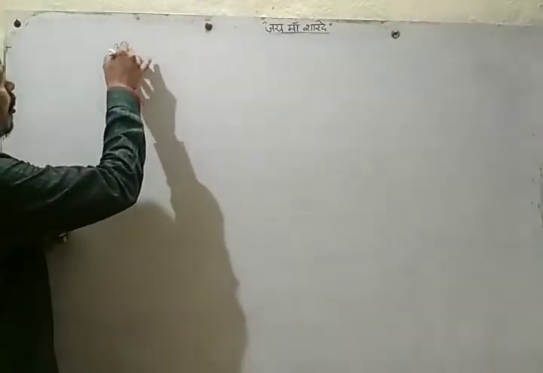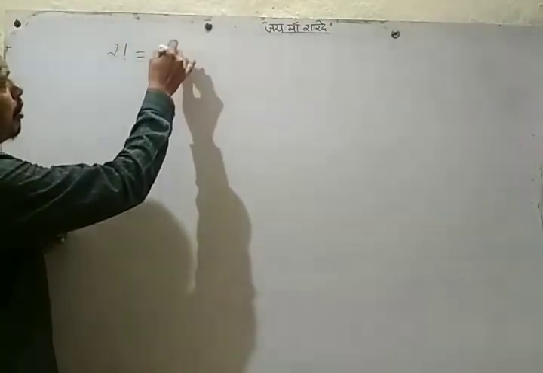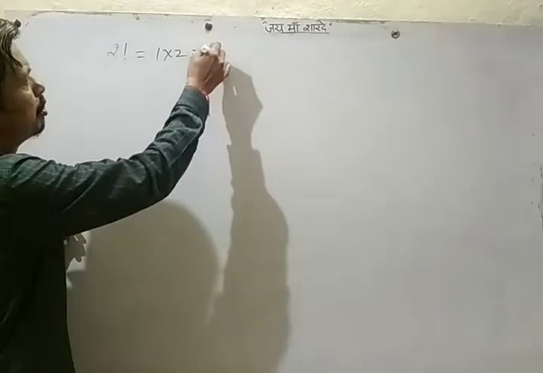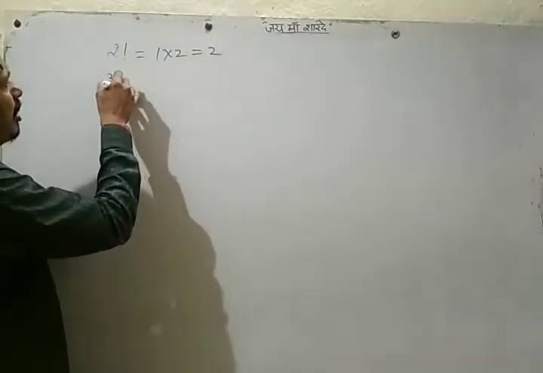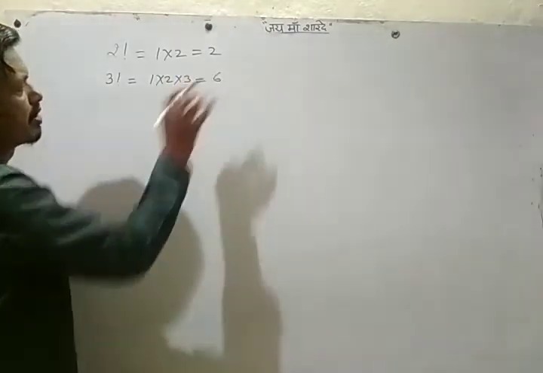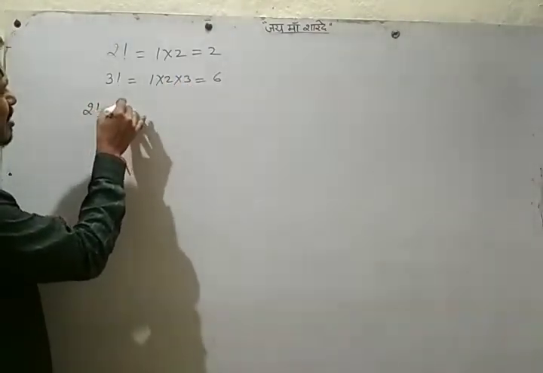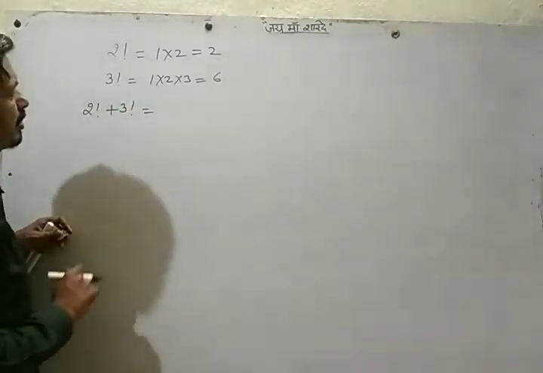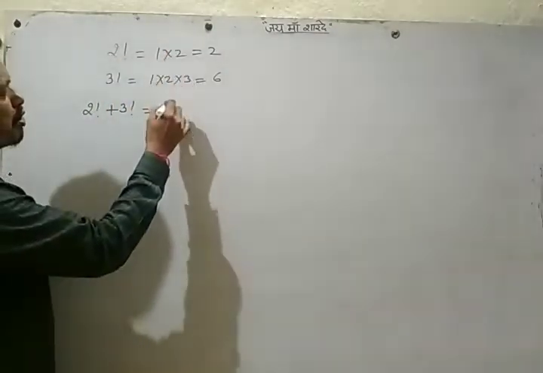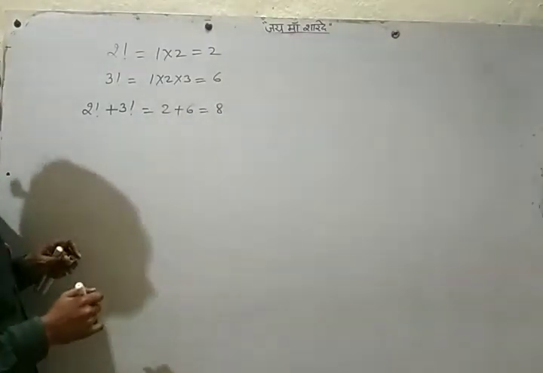Now factorial 2 will be 1 into 2, which means 2. Then factorial 3 is 1 into 2 into 3, which means 6. So if you want to find 2 factorial plus 3 factorial, it will be factorial 2, which is 2, plus factorial 3, which is 6. It will be 8.